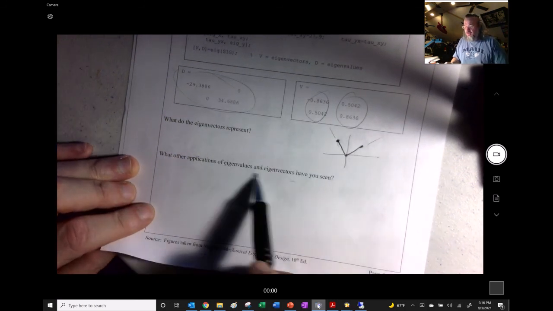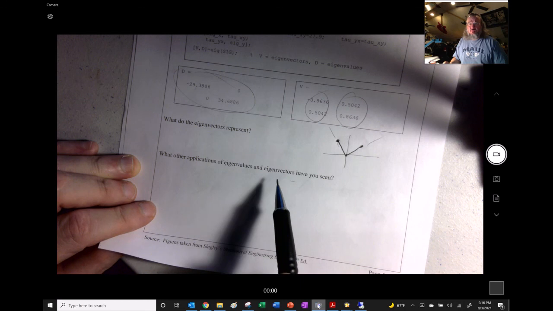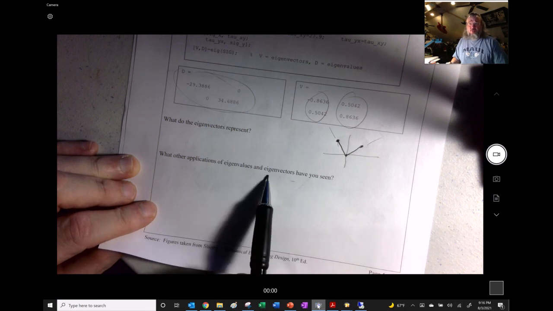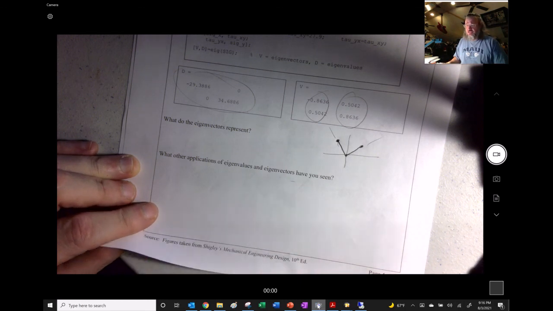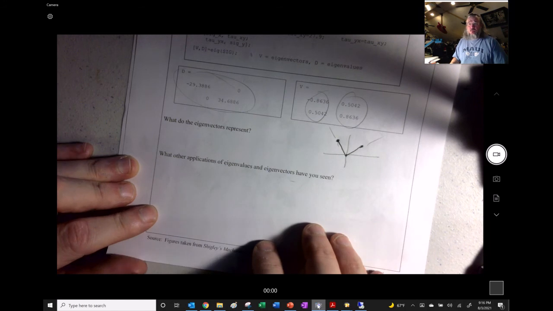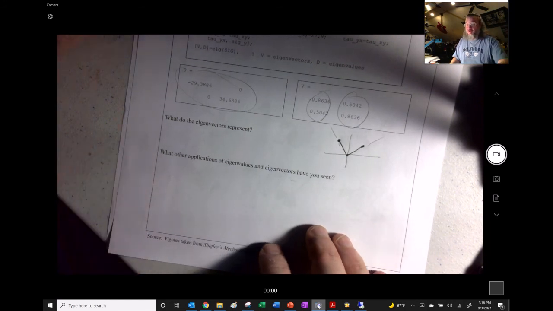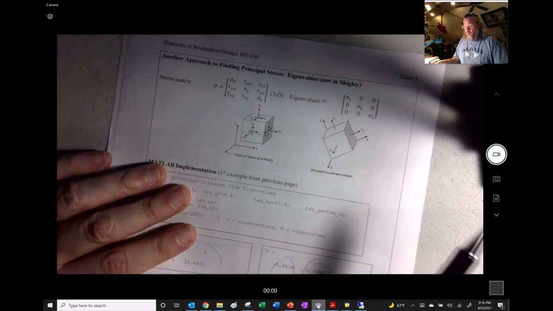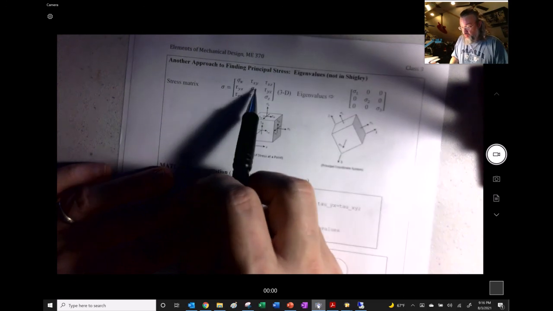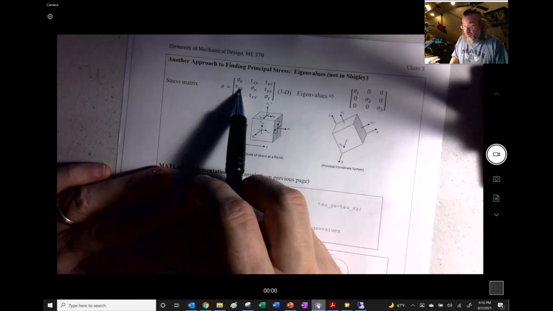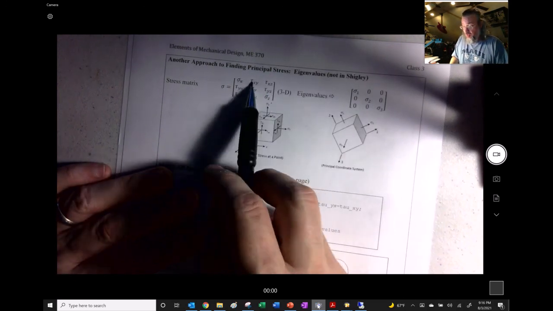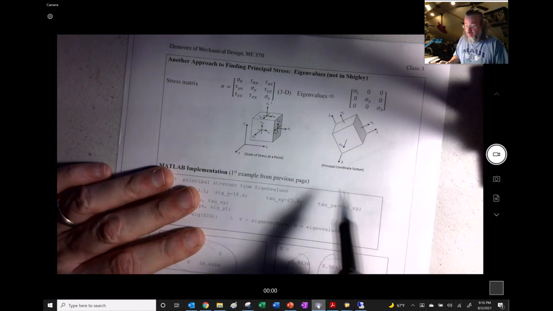Now, have you used eigenvalues and eigenvectors for other things? Because you will. It's a pretty important tool. And it makes life a lot easier for three-dimensional stuff, where we have x, y, and z normal stresses, and we also have the shear stresses.